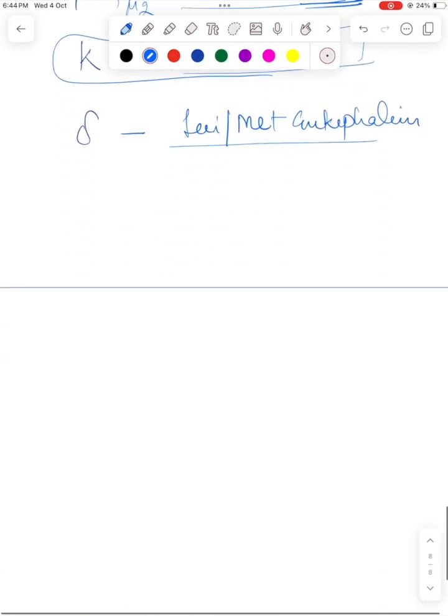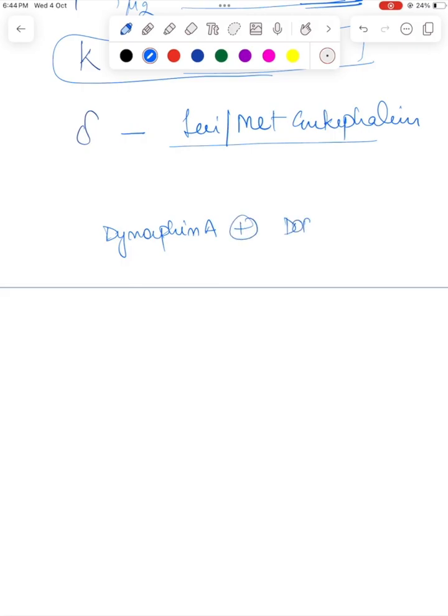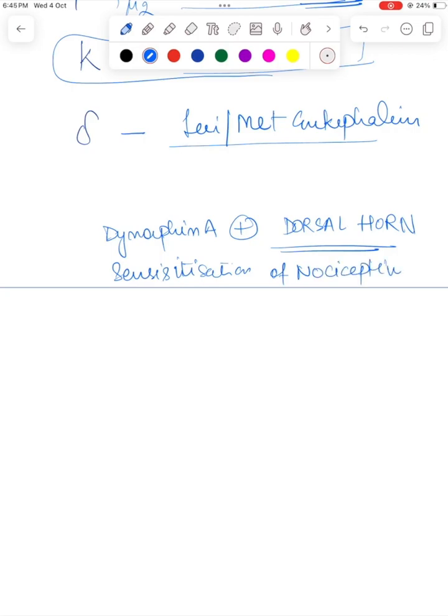In fact, it has been found that dynorphin A is present in the dorsal horn, where it plays a critical role in the sensitization of nociceptive neurotransmission. It is also found that the levels of dynorphin A are increased in the dorsal horn after tissue injury and inflammation.